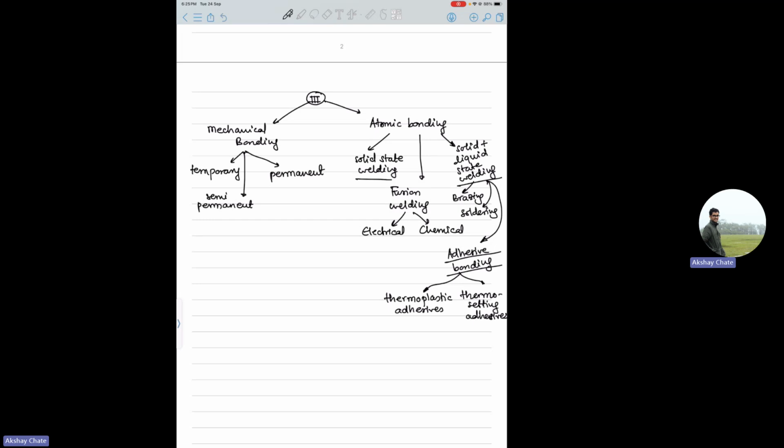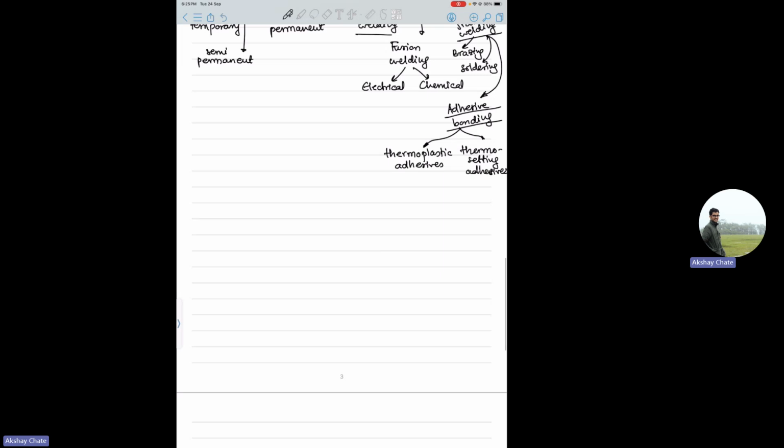And then there are some other welding processes like electron beam, etc. Those we'll see. Those are called more advanced or different types of methods. But there is one last classification still remaining, this one.